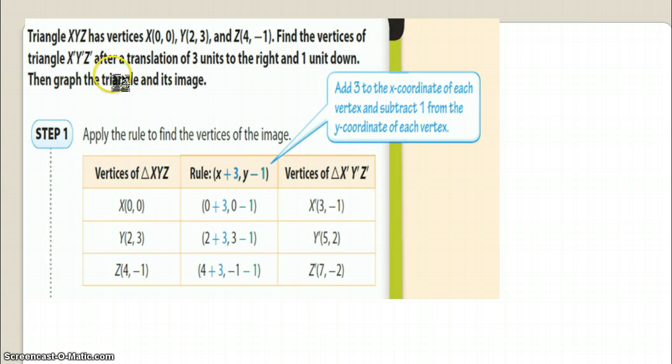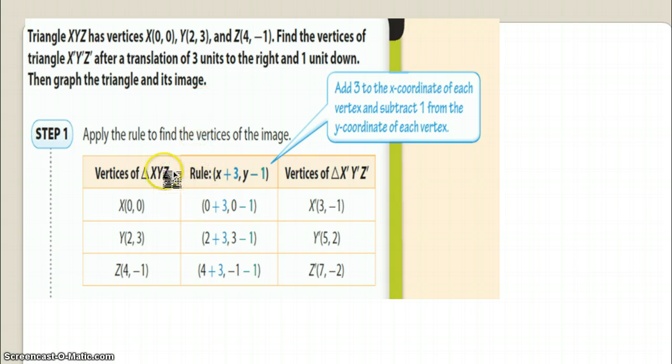So the author gives us triangle XYZ, and it says it has vertices X at 0, 0, Y at 2, 3, and Z at 4, 1. Then it tells us to find the vertices of X prime, Y prime, Z prime after a translation of 3 units to the right and 1 unit down.